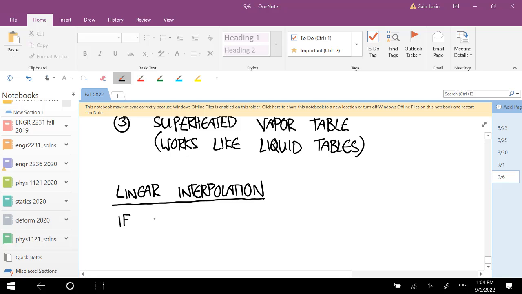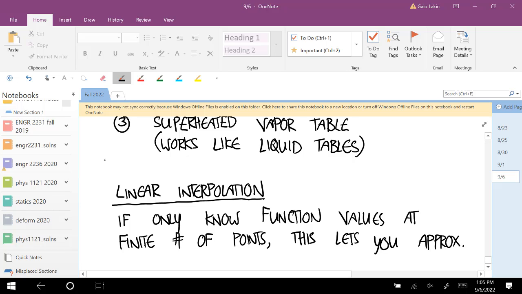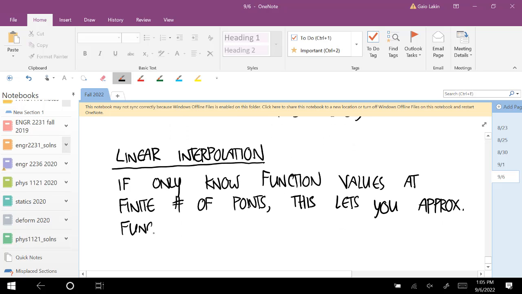So if you only know function values at a finite number of points, this linear interpolation lets you approximate function values in between those.